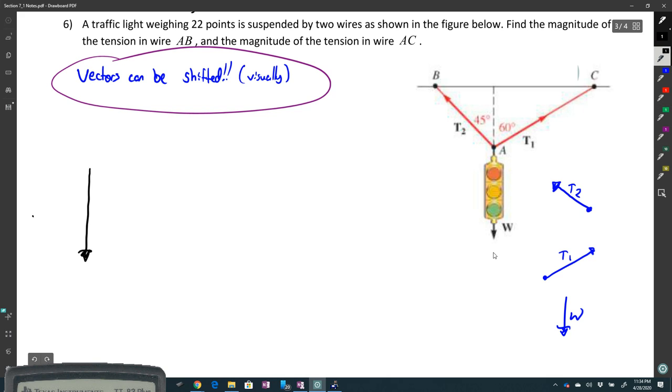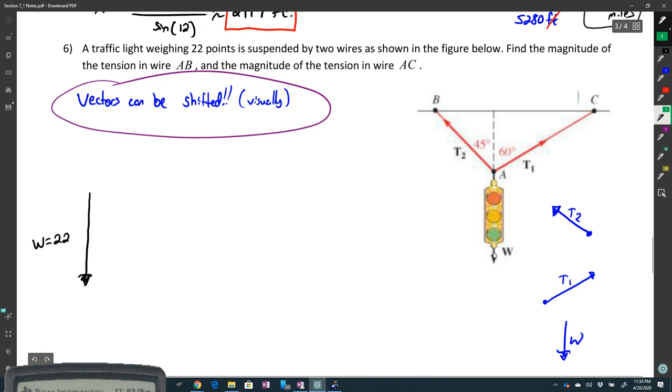So here's my weight. Okay, so what I'm going to do is I'm going to get this guy and I'm going to put him right here. And so this is T2.